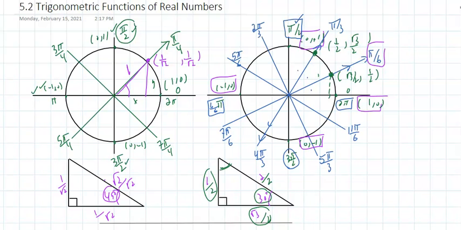So basically, knowing at 0, at pi over 2, at pi, at 3 pi over 2, and at pi over 6, and at pi over 4. If you know those values, pretty much you're set.